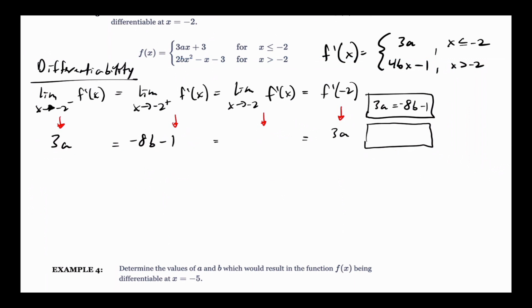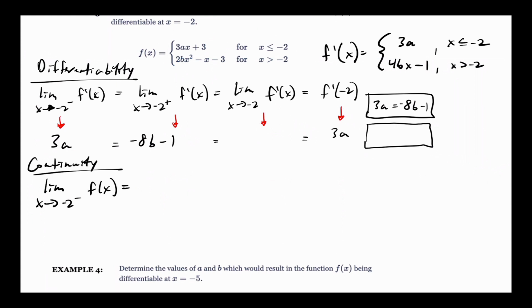Okay, so I'm going to do the same thing, continuity. I know they're all going to equal each other. They have to. If it's differentiable, they're going to have to equal each other with continuity.